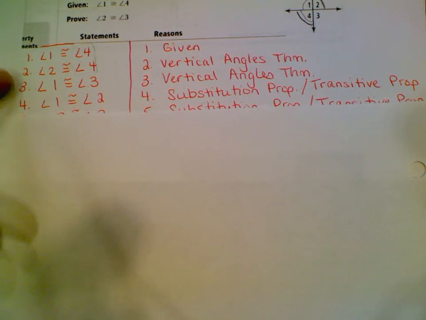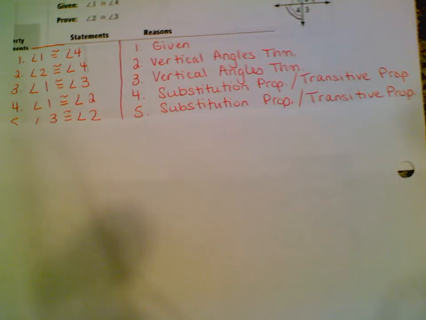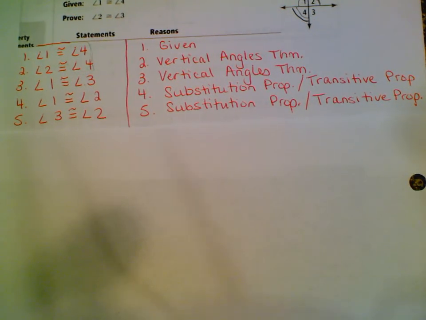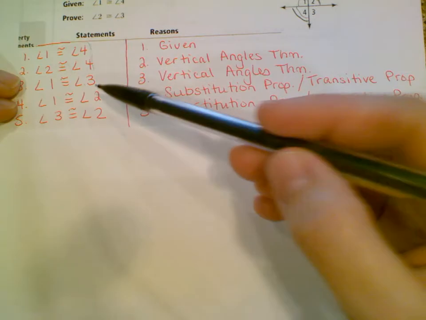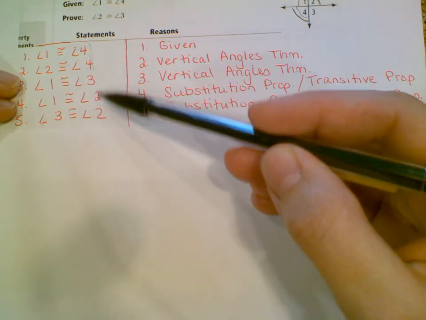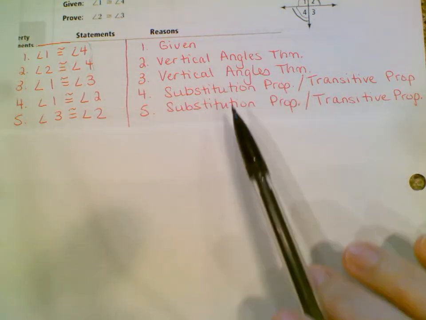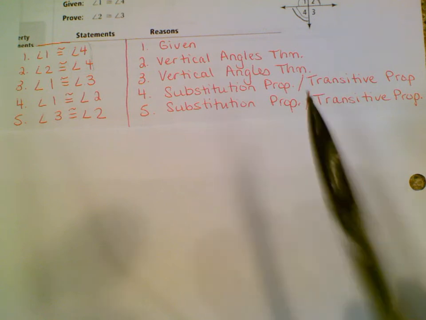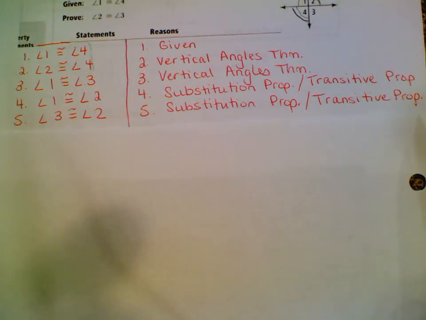Then I'm also going to say that the third and the fourth statement have 1 in common, then that means that 3 and 2 also have to be congruent to each other. And again, that's either by substitution or you can put it as transitive property either way.